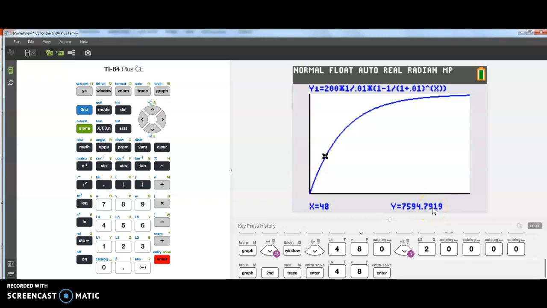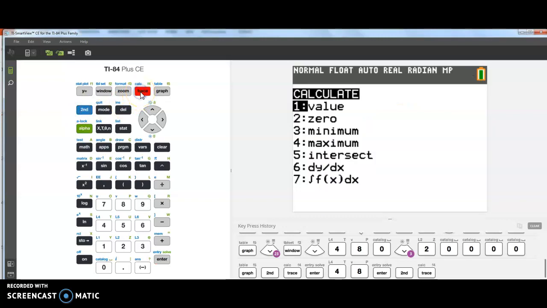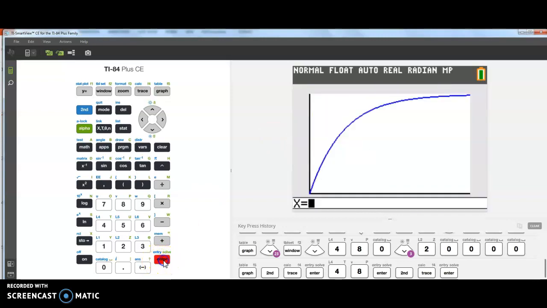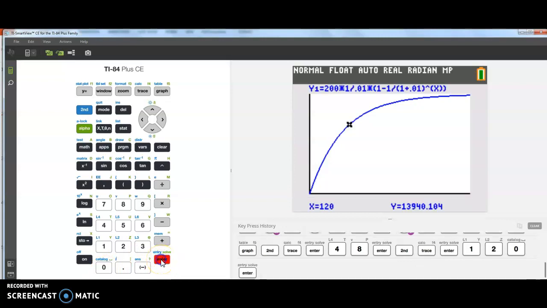The other question that I had is what about 120? So again, I use second and I use the trace button to get to the calculate menu. I want to calculate a value. So I hit enter and I type in 120 and I hit enter.